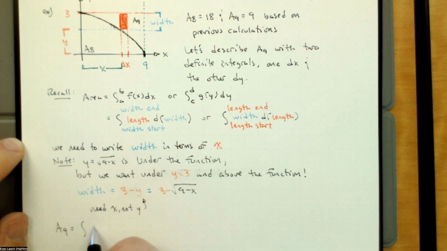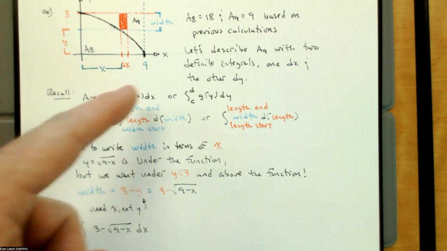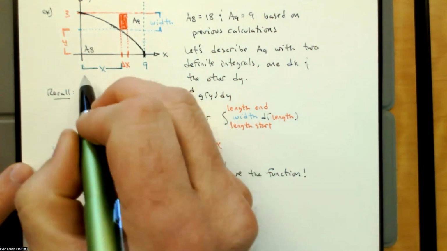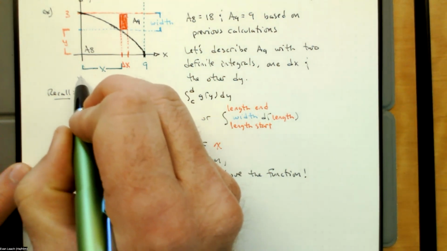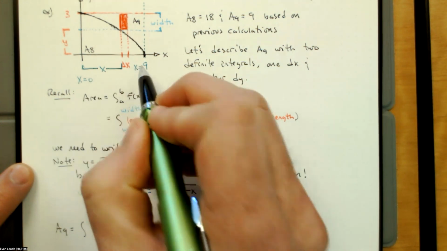So the width is this 3 minus the square root of 9 minus x times the delta x, which becomes a dx in the integral. And we do this for all the values of x that are in play. The values of x that are in play start off at 0 and go up to 9. So down here is where x is equal to 0. And here is where x equals 9.